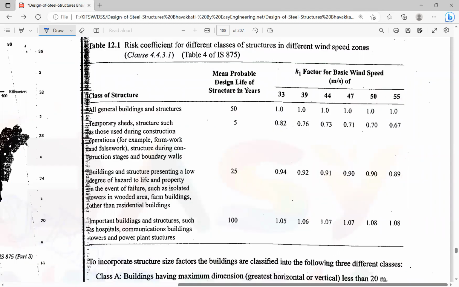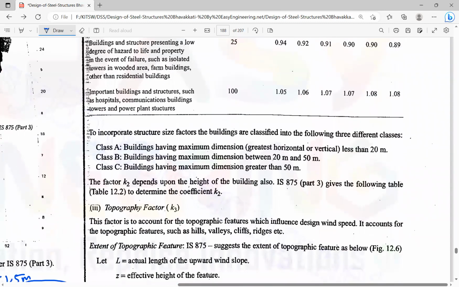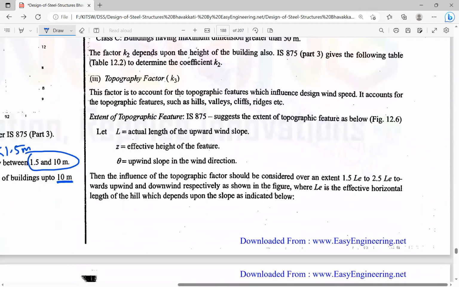So for K1 values, depending on the basic wind speed, the K1 values are here. K1 values. Now topography, K3, depending upon the topography. In Figure 12.6 of IS 875 you will observe this K3.